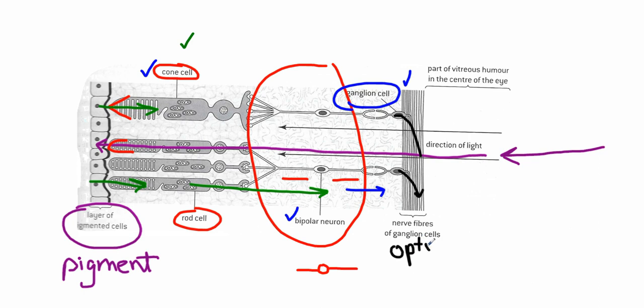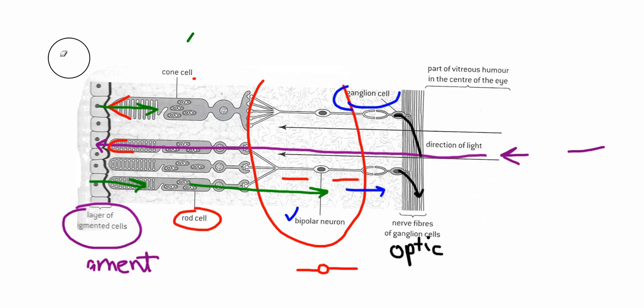The optic nerve then sends the signal to the brain. So: light, pigments, cones and rods, bipolar, ganglion, and then optic nerve. Let's erase this for a second, and then we'll talk about it in a little more detail.